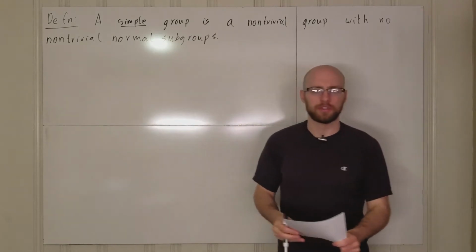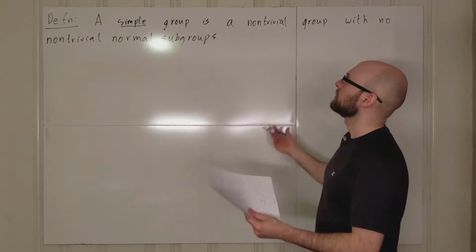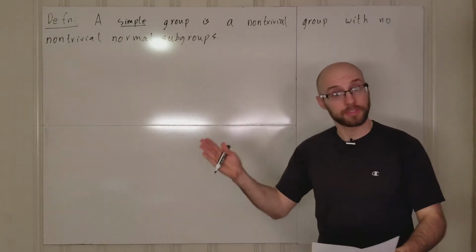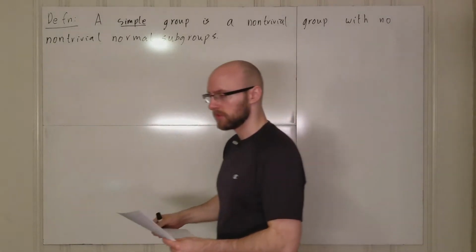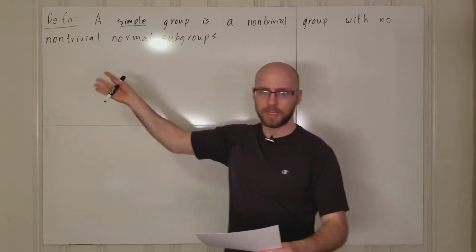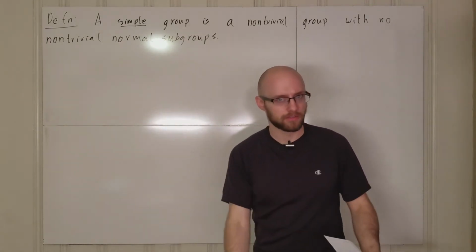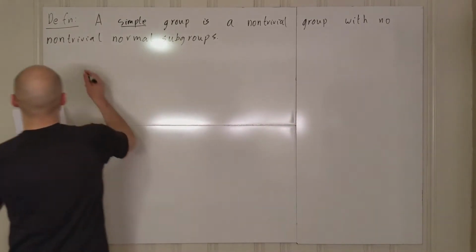And you can check those, they're very easy to check. And if those happen to be the only two normal subgroups in a group, then the group is said to be simple. So anyways, just stating that so that we can use that in the future if necessary. And we're going to move on to composition series now.